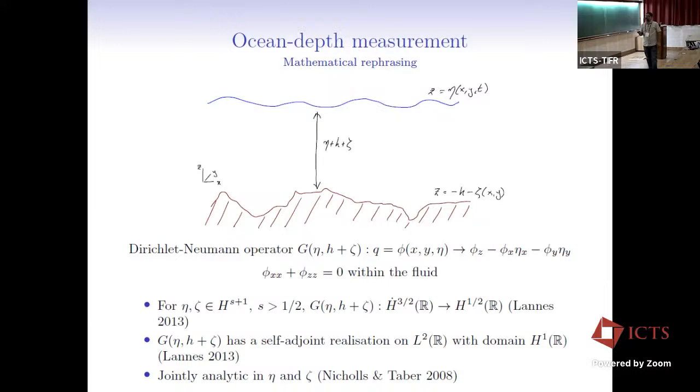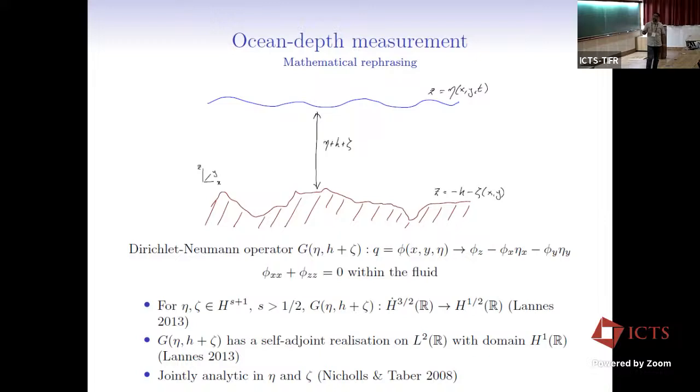A good reference is this book by David Lannes, on the water wave problem itself, but there's a long discussion on the Dirichlet-Neumann operator and its properties, in particular the fact that it's a self-adjoint operator on L2. Then there's an earlier result that said the operator depends analytically on the surfaces.